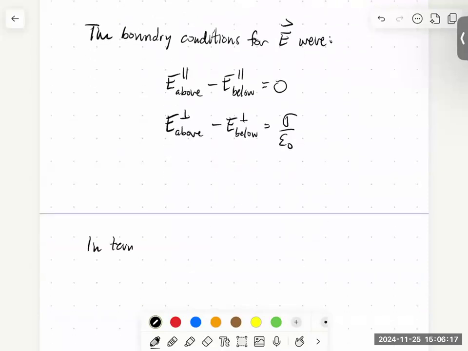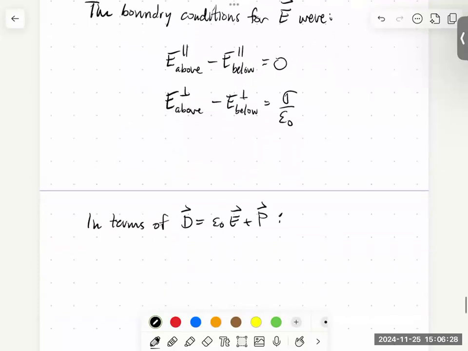So in terms of D, which is epsilon naught E plus the polarization, the modified boundary conditions become D parallel above minus D parallel below is equal to, well, the electric field is going to contribute nothing to that, so it's just going to be whatever the corresponding polarization is.